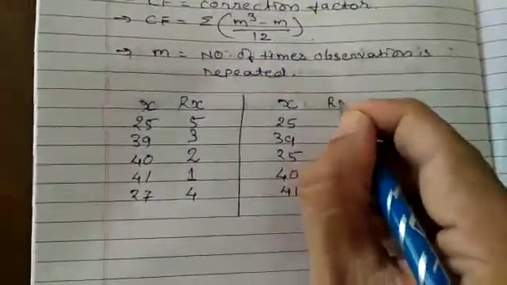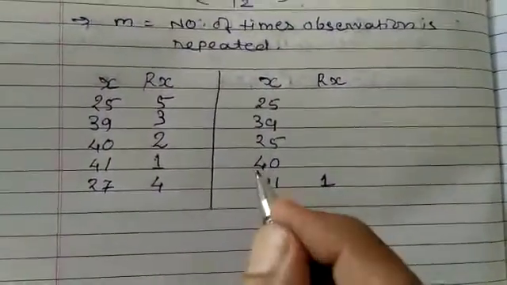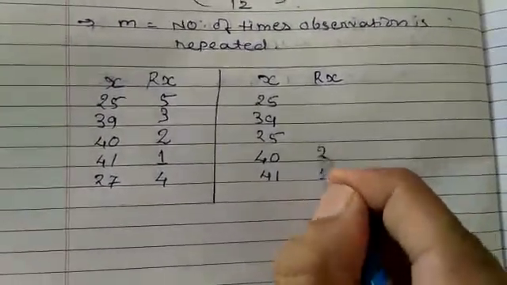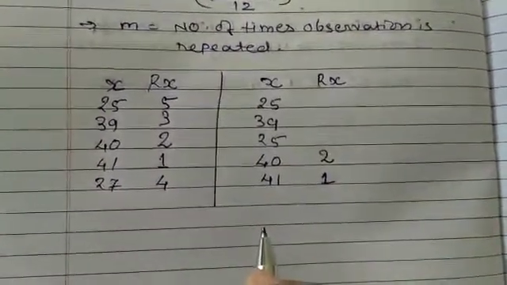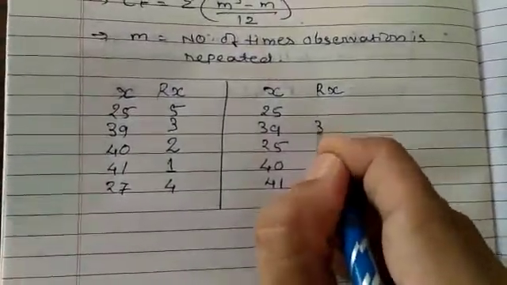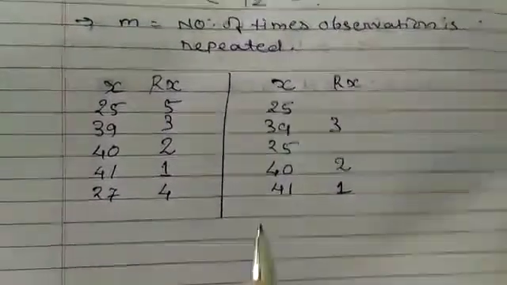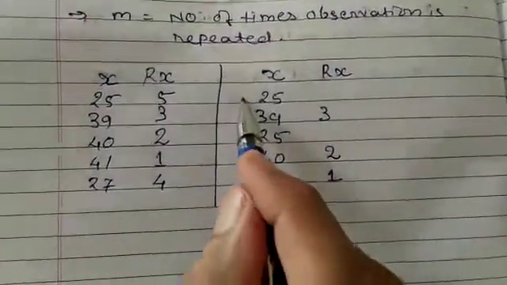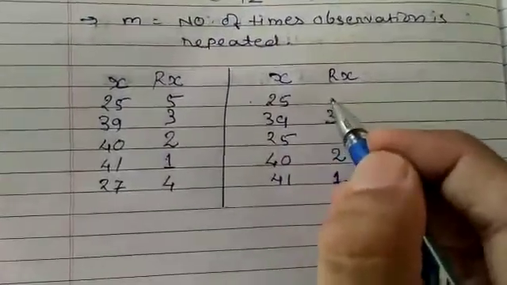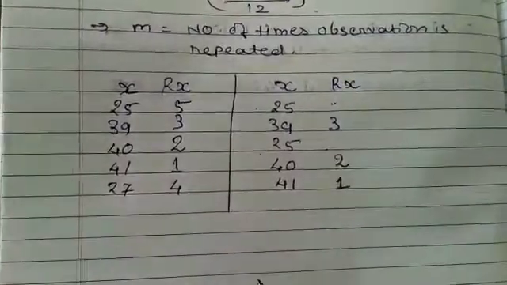This is your Rx. 40 is the second highest number, so the second rank is given to it. 39 is your third highest observation, so it will be given third rank. Now, for the fourth rank, we have two observations, 25 and 25.